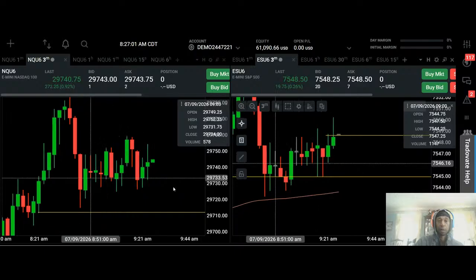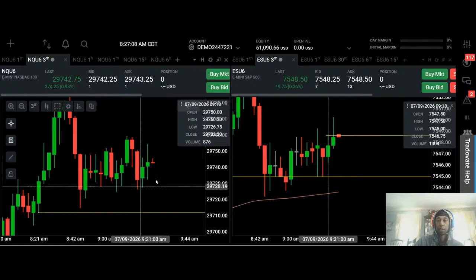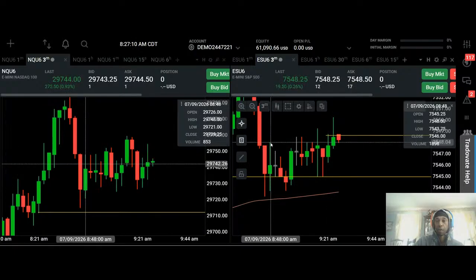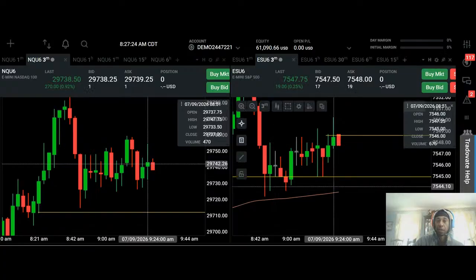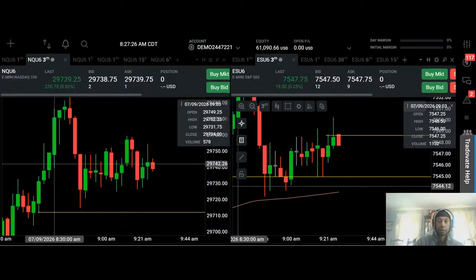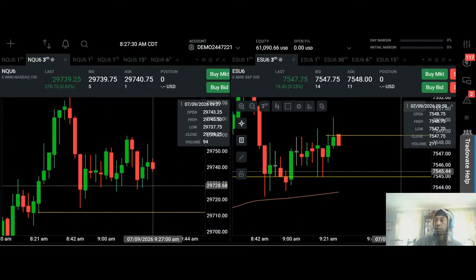So this low right here should be protected. It closed above this high right here. So technically speaking, we could enter now. I'm gonna enter now. And my stop loss is below the 918 candle, 3 minute.